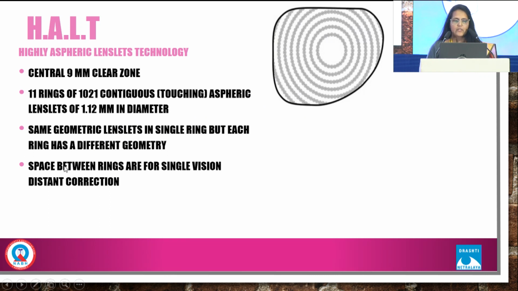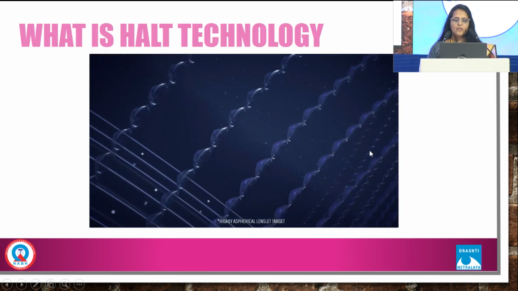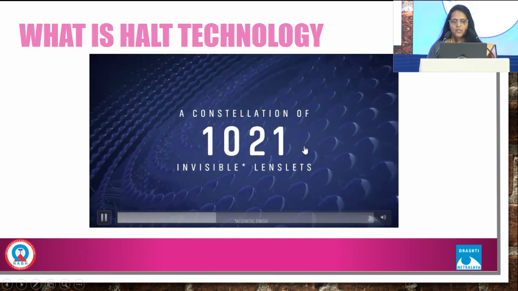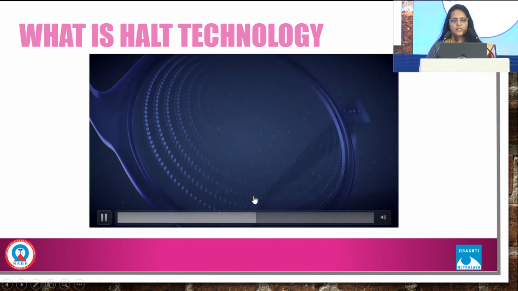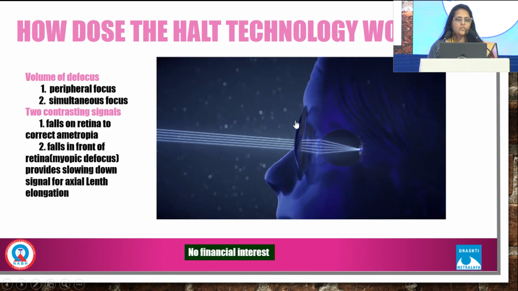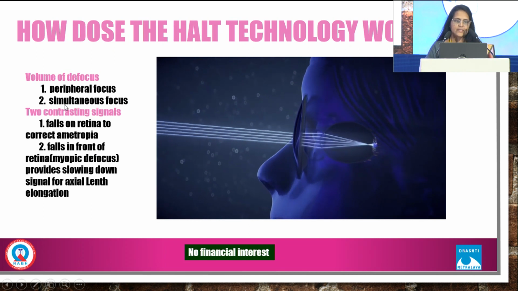The space between them is used for clear distance vision, and together they create a volume of defocus. This is a simple, small innovation: 1021 lenslets in concentric rings, 11 rings, and it gives clear vision. This volume of defocus has peripheral focus and simultaneous focus.